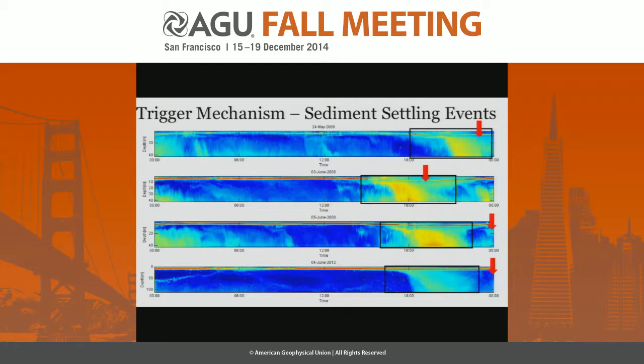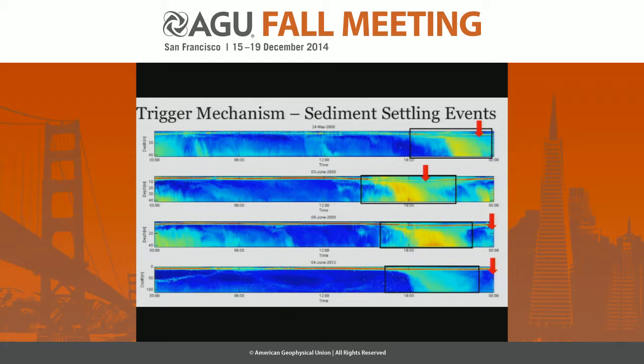These black boxes show the sediment settling events that I'm talking about. During ebb tide, the river plume comes over the sensor and sediment begins to be deposited to the delta slope. And you can see that there's this buildup of concentration at the bottom.